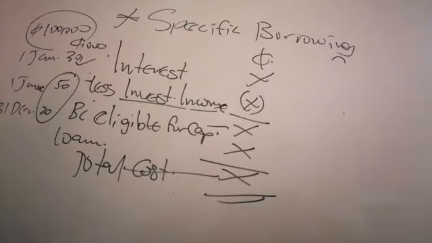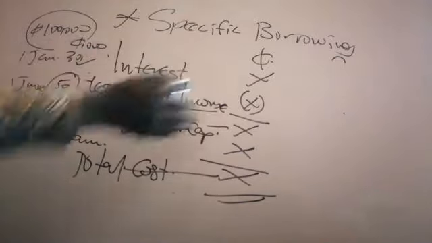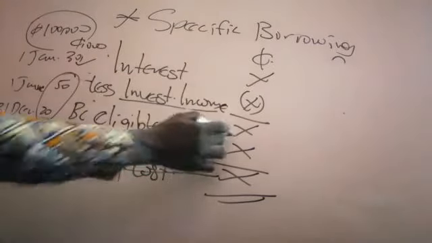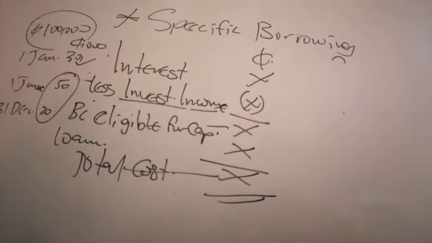Then you have to invest it. Any income that you had from that investment, we are deducting it to offset some part of the interest. The remaining part of the interest is the borrowing cost eligible for capitalization. Good.